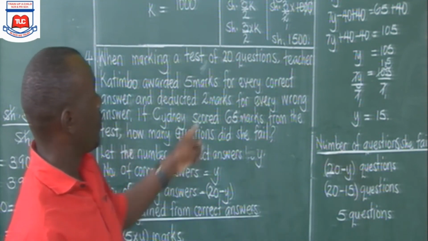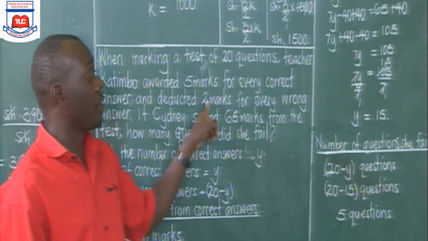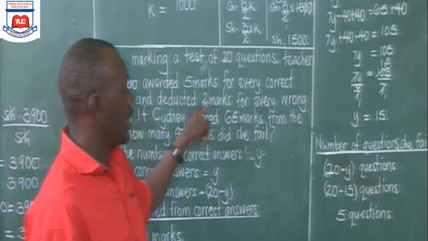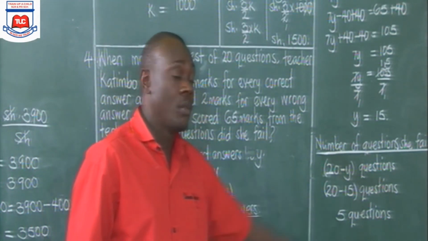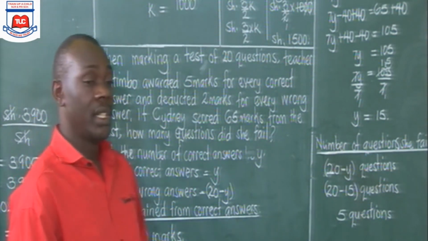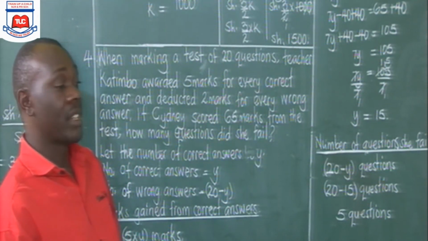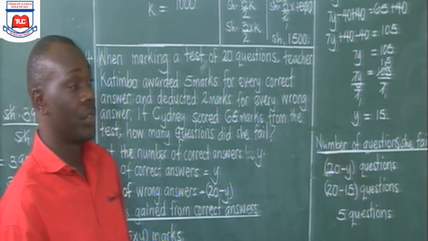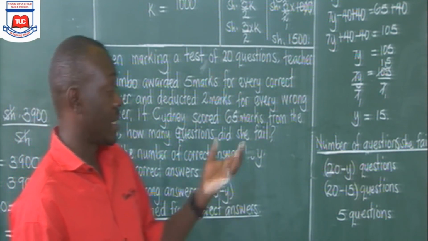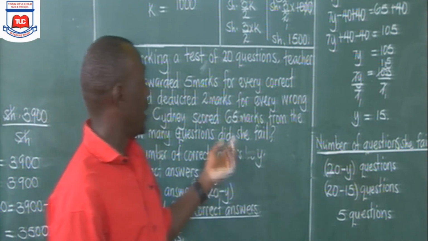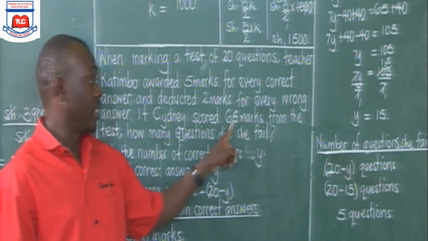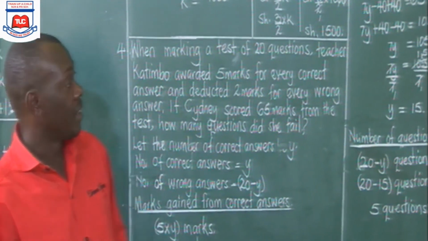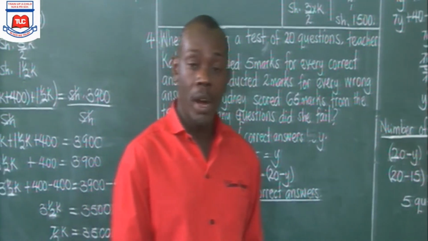But there's a penalty of 2 marks for every wrong answer, and the wrong questions were 5. So 5 times 2 is 10, and 10 marks are deducted from the 75. That's 75 minus 10, so Sydney finally got 65 marks.